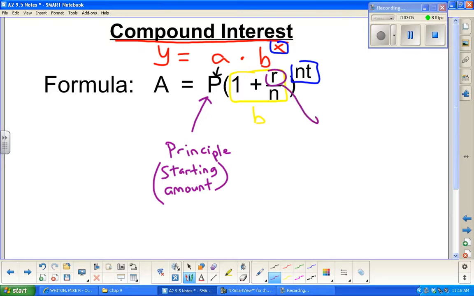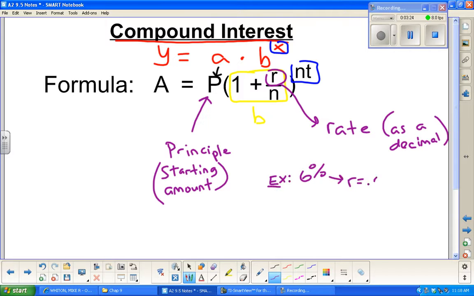So r is going to be the interest rate. You're going to have to know what type of rate you're given. It must be expressed as a decimal. Sometimes if they say the rate is like 6%, for example, you're going to have to convert that into 0.06 to use in this formula. So basically move the decimal.